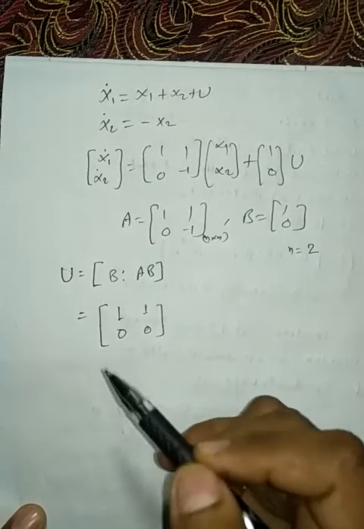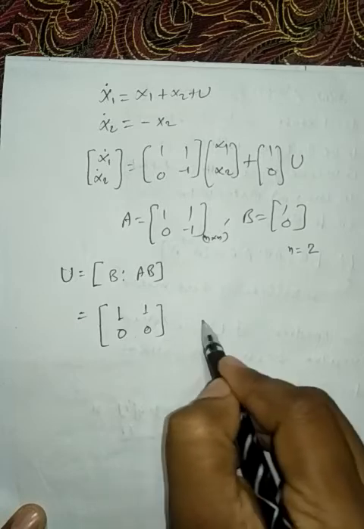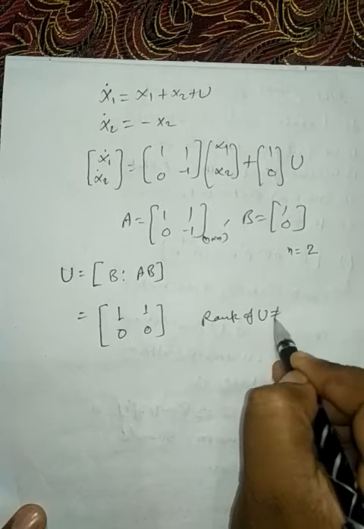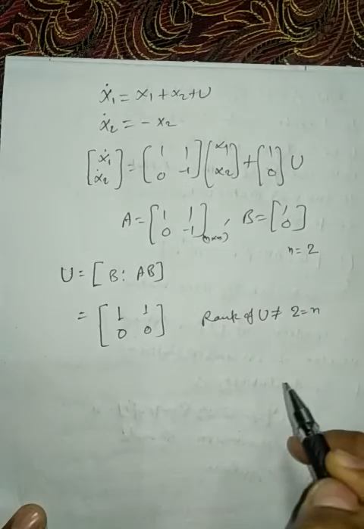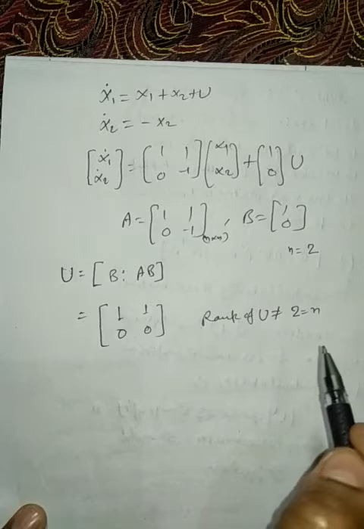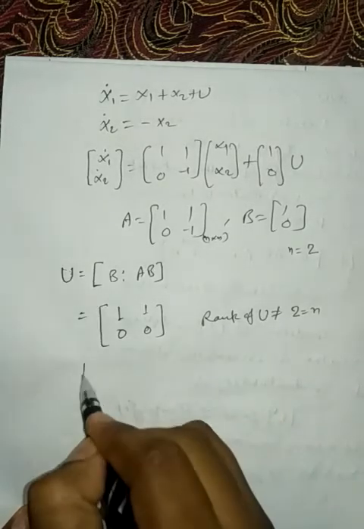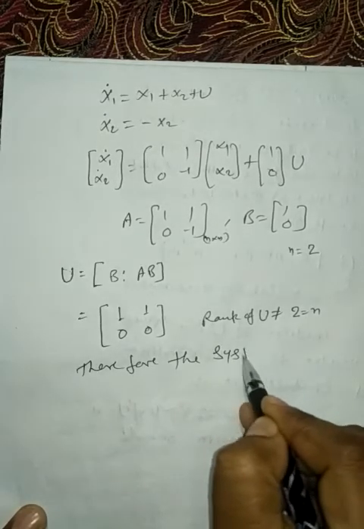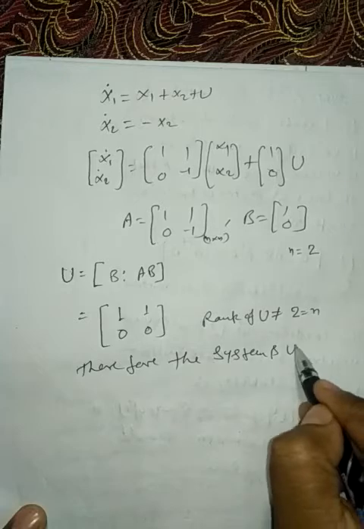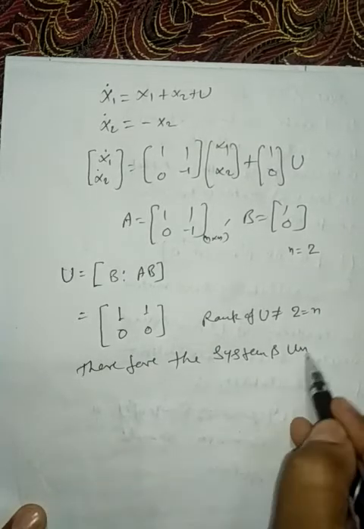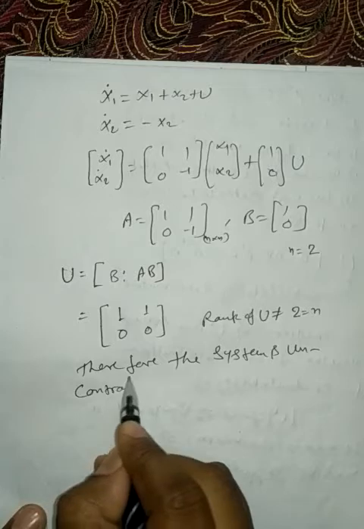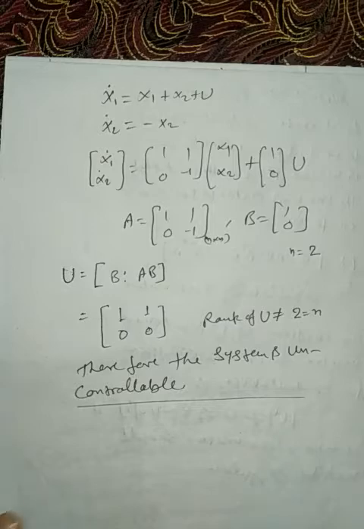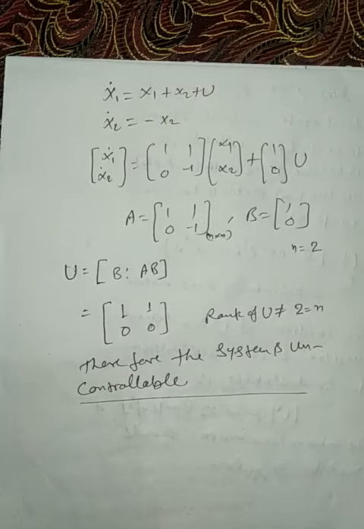And it is clear that the rank of U is not equal to 2, or n, right? Therefore the system is uncontrollable. The system is uncontrollable, right?